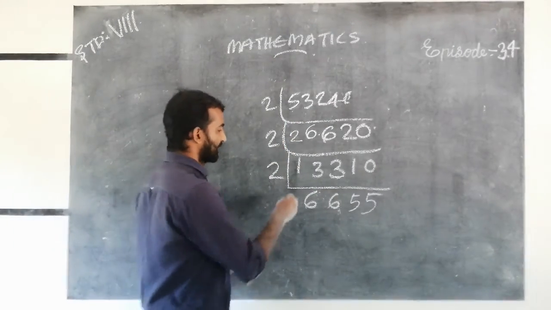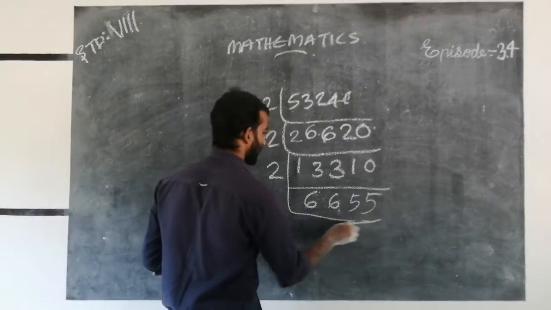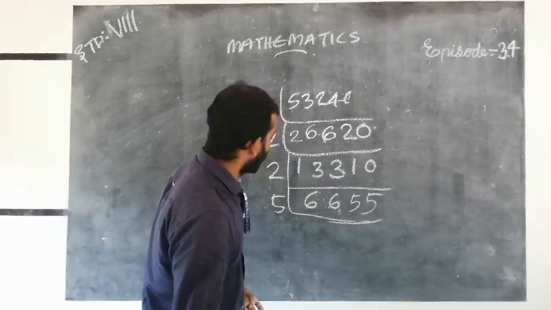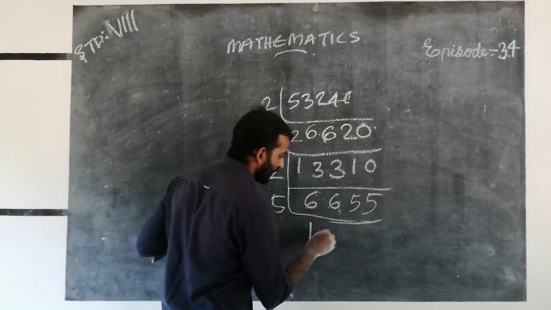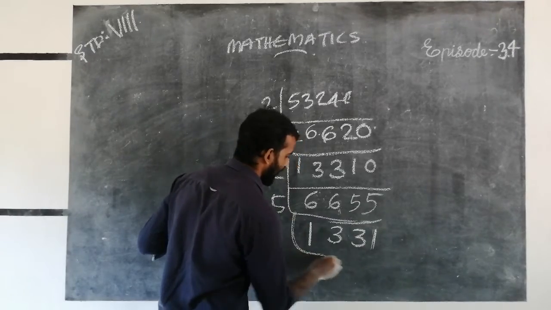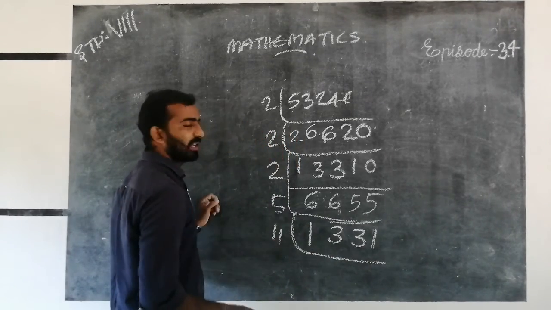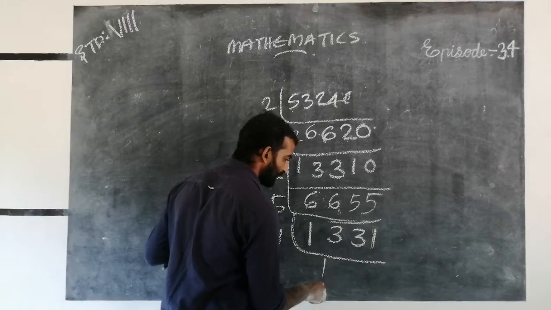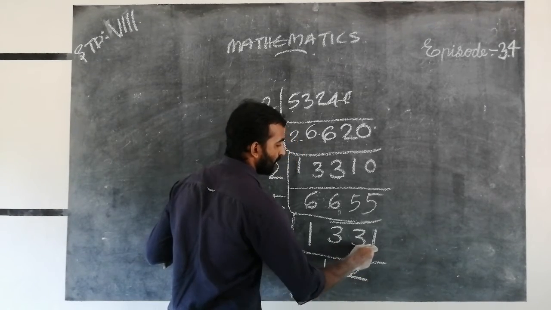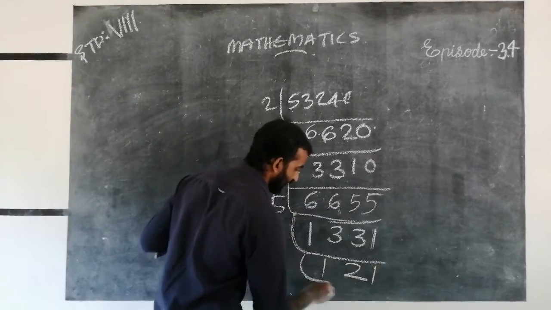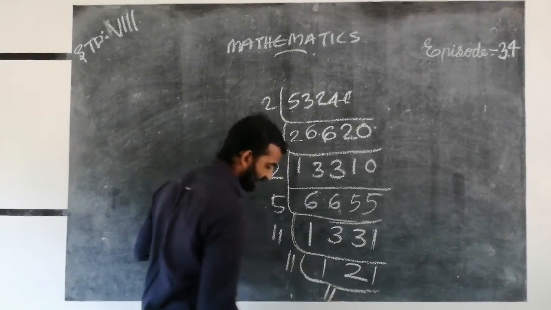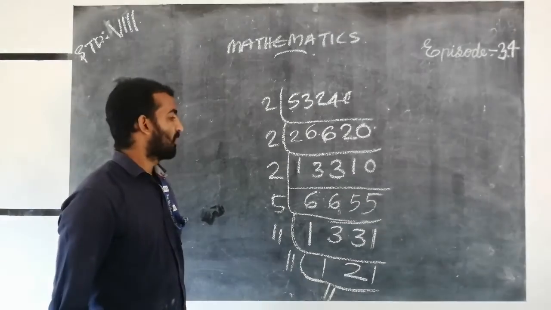Yes. Here we take 5. We get 1, 3, 1. Here we take 11 and 1, 2, 1. That is 11. That is 1.